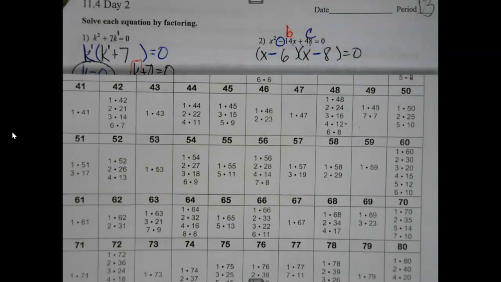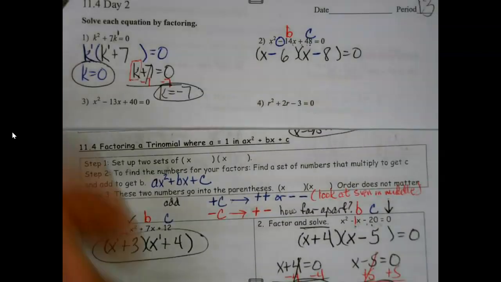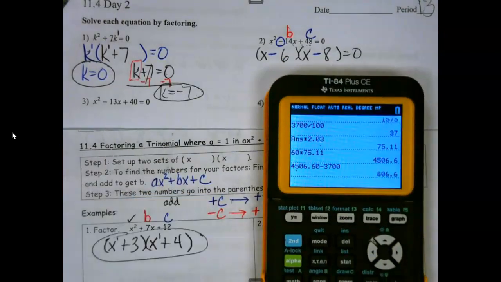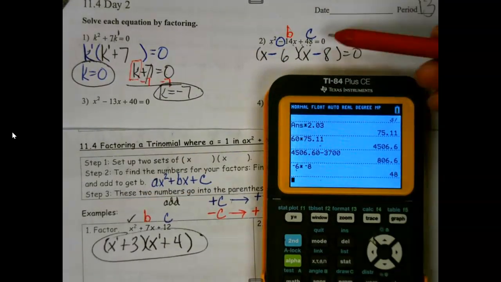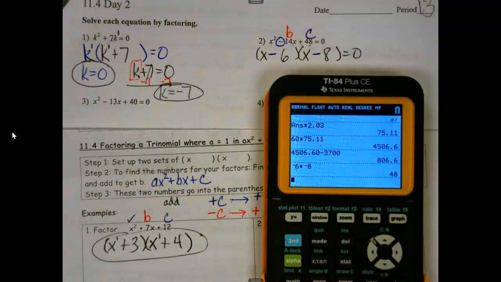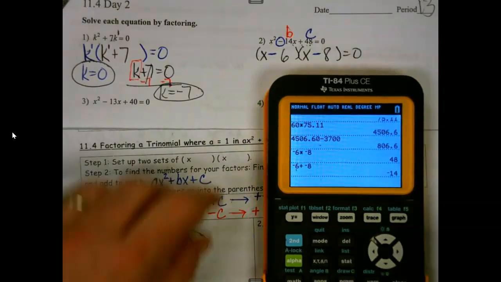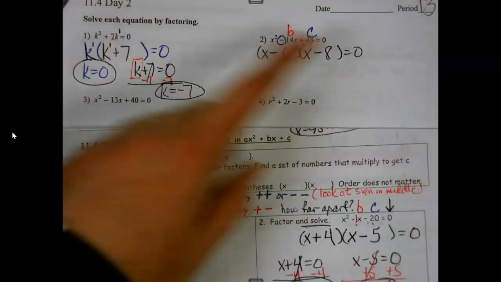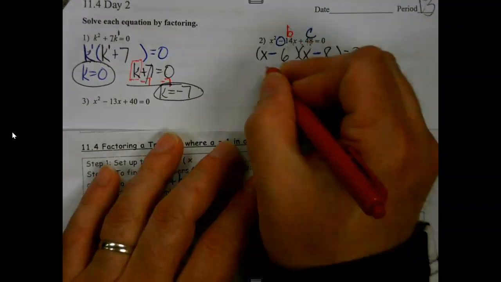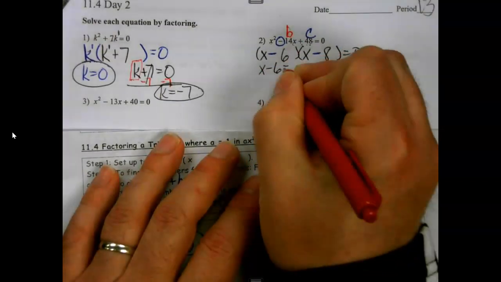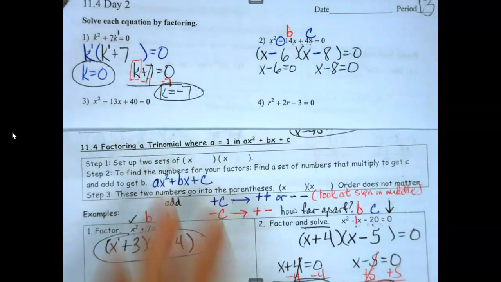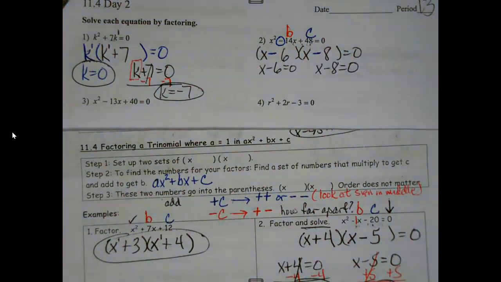And if I wanted to check, you're just taking these 2 numbers and seeing, hey, if I multiply them, do I get the number on the end? I do. If I add them up, do I get the number in the middle? I do. And since we have the equals 0 and it says solve right here, I think it was Aiden that mentioned yesterday, hey, doesn't it just change the sign for my answer?